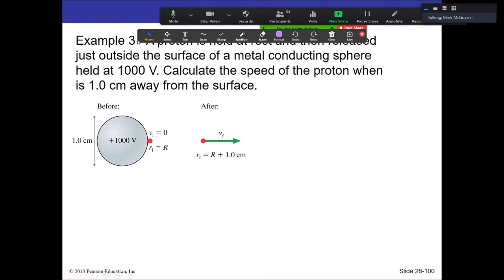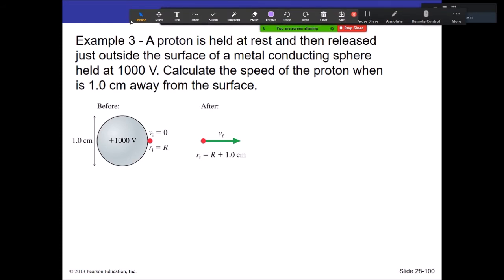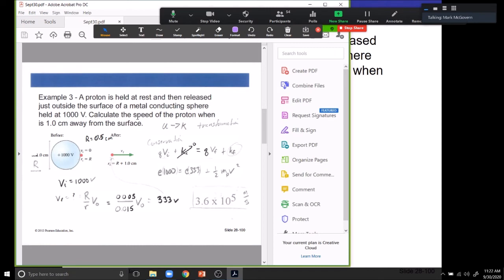A proton is held at rest and then released just outside the surface of a metal conducting sphere held at 1,000 volts. We want to calculate the speed of the proton when it is 1 centimeter away from the surface. So now, if you're calculating the speed of the proton, this is an energy problem, right? And if the proton is going to start at the surface and then speed up as it moves away, well, that's an energy transformation of electric potential energy into kinetic.